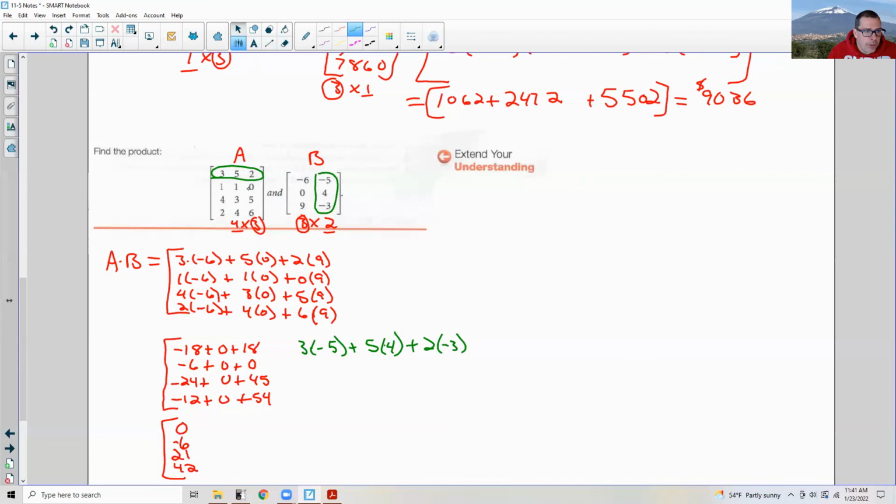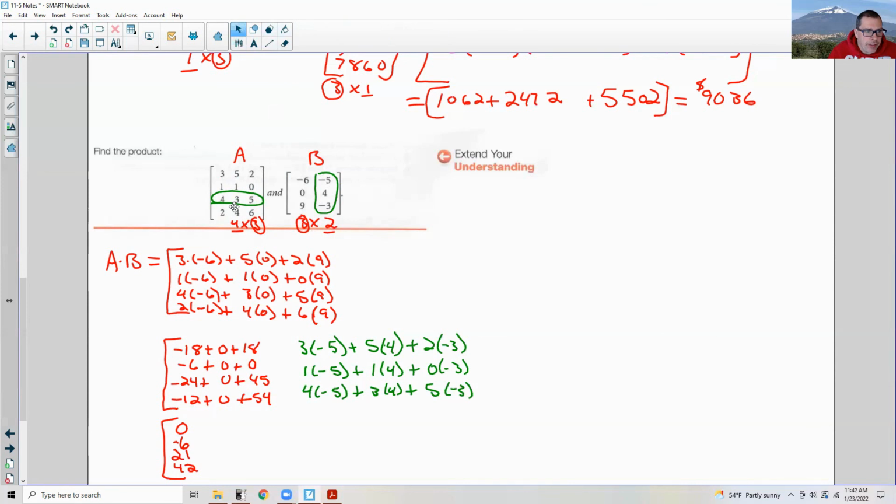Okay, and then we're going to move this down, and we're going to do 1 times -5 plus 1 times 4 plus 0 times -3. Okay, move this down. 4 times -5 plus 3 times 4 plus 5 times -3.